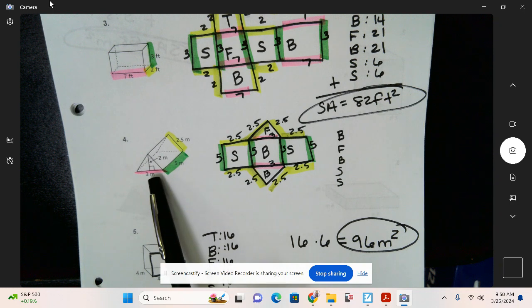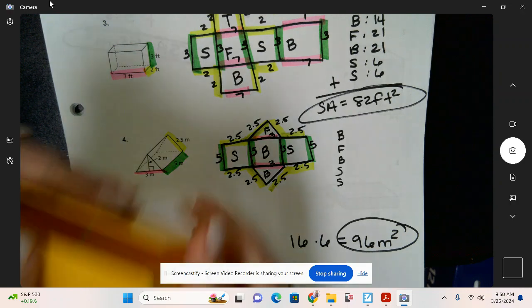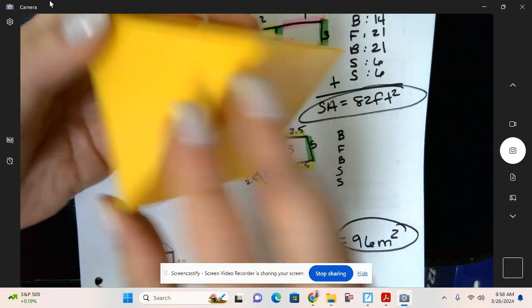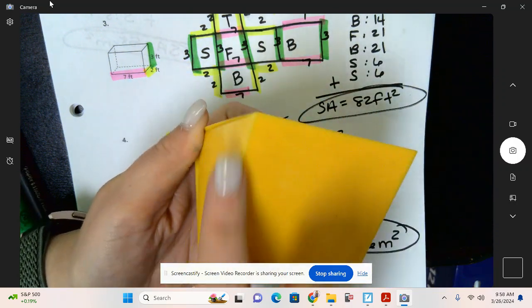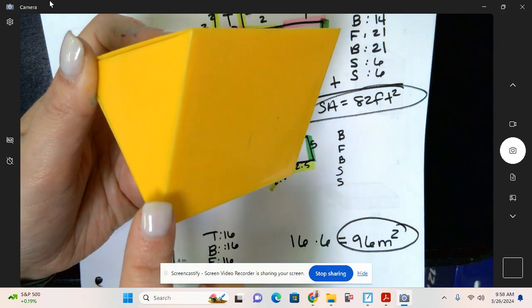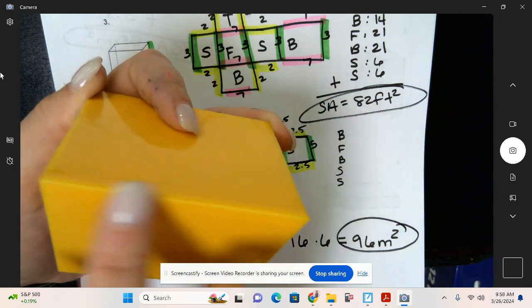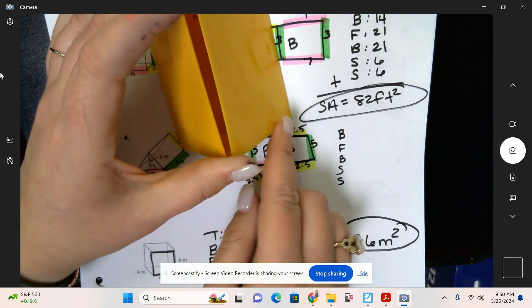Because if you look at the bottom of the shape, here's the bottom of the shape. It has this side and this side. Well, it shares one of the sides with the triangle, and it shares one of the sides of the rectangle. Is it one of the slanted pieces?